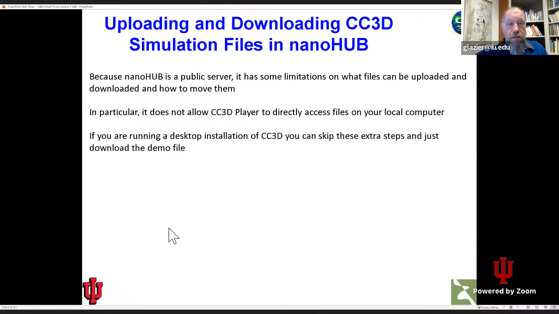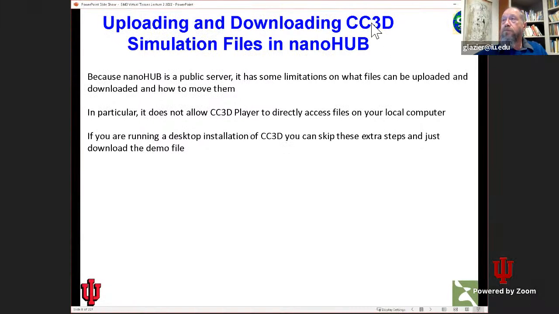Okay, so the first thing I want to do: if you're running desktop, you can tune out perhaps for a few minutes. But if you are on nanoHUB, I would ask people to launch their nanoHUB deployment.